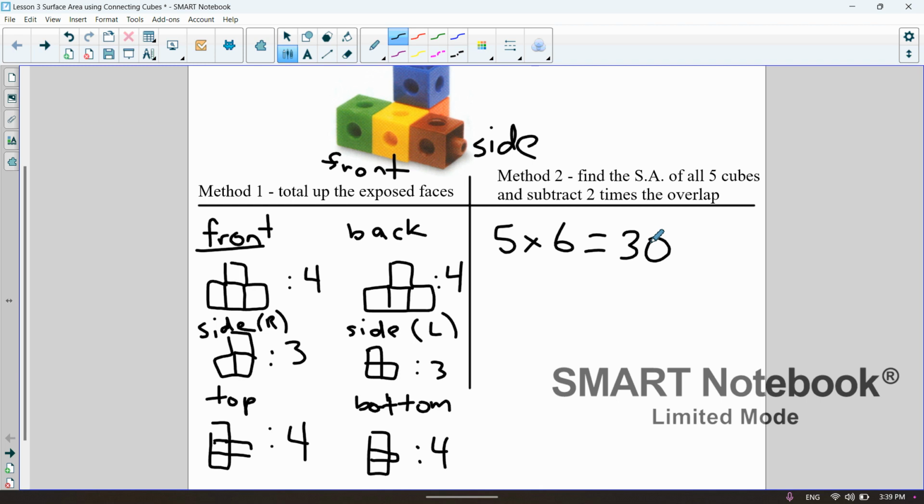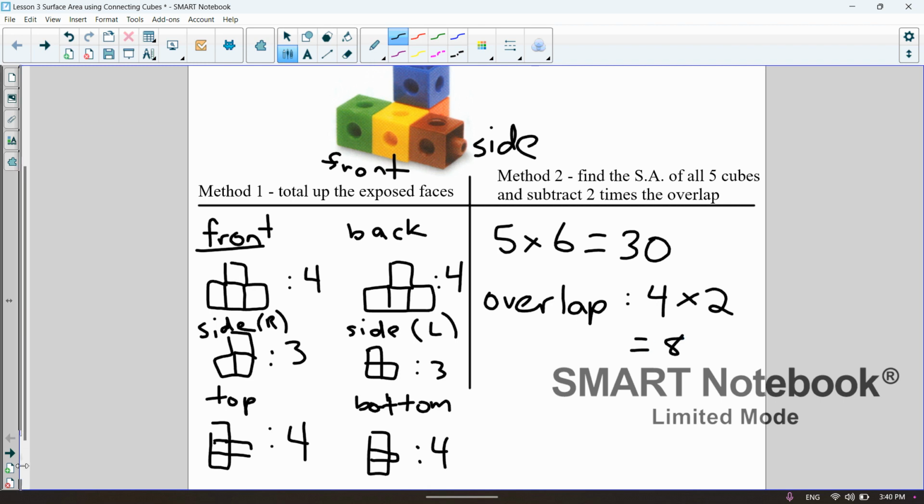So there's 1 overlap, 2 overlap, 3 overlap, and 4 overlap. You have those cubes in front of you, and you can do that. So there are 4 places where there was an overlap, and each of those removed 2 from our surface area. So that's 8.